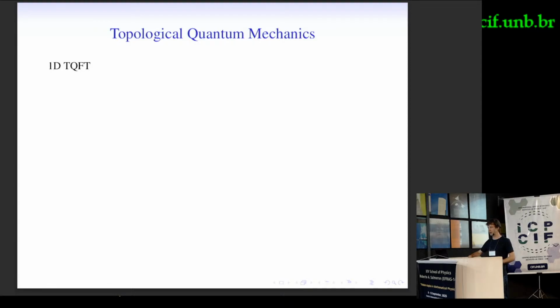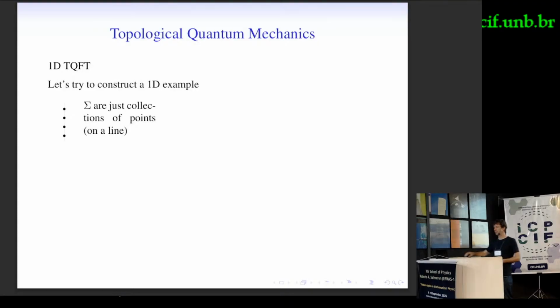Okay, so now I go to the definition of one-dimensional TQFT, which I will work with. In a one-dimensional TQFT, the Hilbert space will correspond to surfaces sigma of dimension 0. So it has to be dimension 1 less than the dimension of the TQFT, which are just points.